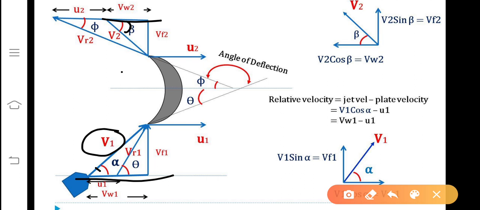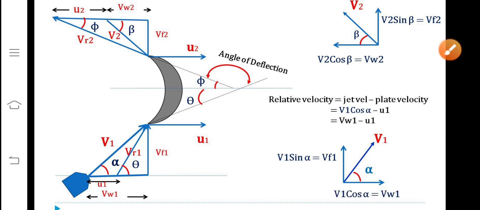is nothing but the relative velocity or the effective velocity with which the force is exerted on this vane so that it is being moved with velocity u1. That's why the inlet velocity triangle in the form of a vector diagram should be written from point u1.